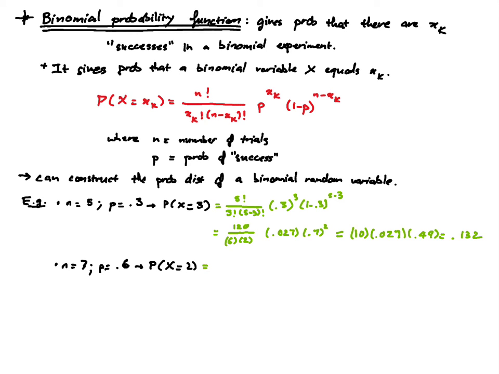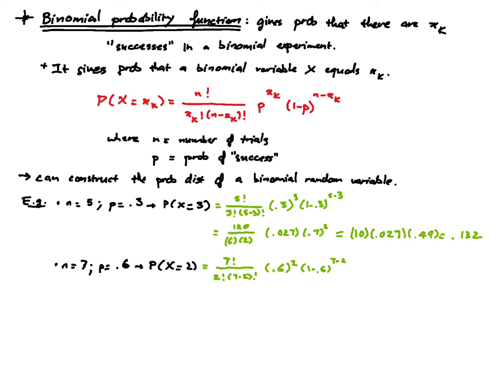We have 7 factorial divided by 2 factorial times 7 minus 2 factorial, then 0.6 squared, and then 1 minus 0.6 to the 7 minus 2 power.